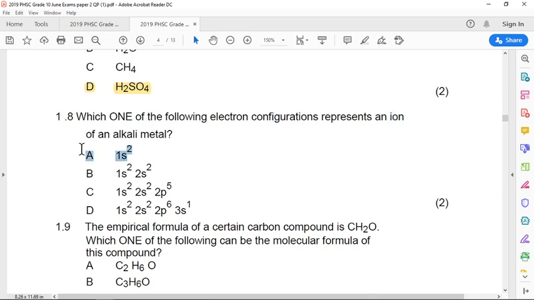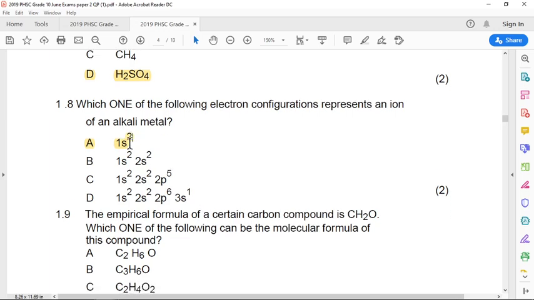So it is A, which is helium, because it has a filled shell. If this was to be the next one down, we would need the p orbital to be filled. This one has an unfilled p orbital. It's not an ion. This is a very unstable configuration. This wants to gain an electron. And this is the actual atom that is an alkali metal. That's not an ion. So it is A.